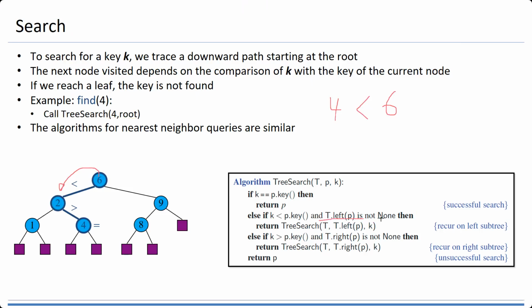If the left is not null, then we call TreeSearch again. This is recursion. We go to the left.